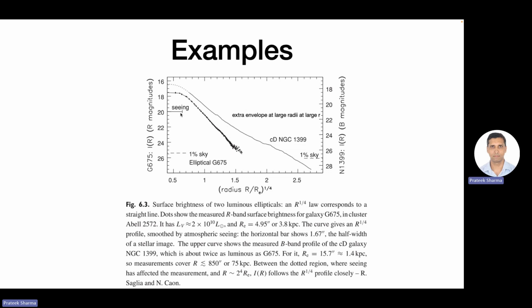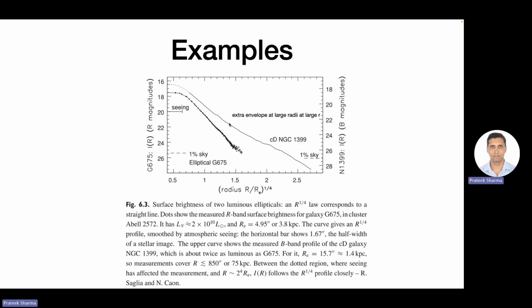If you are looking through a turbulent atmosphere, a point source gets spread over an angle. So if you had a point source like a star, the size of that star would be this big, essentially. So even though the inner profile may be steep, it actually appears to be flattened because all that centrally concentrated light has been spread out.